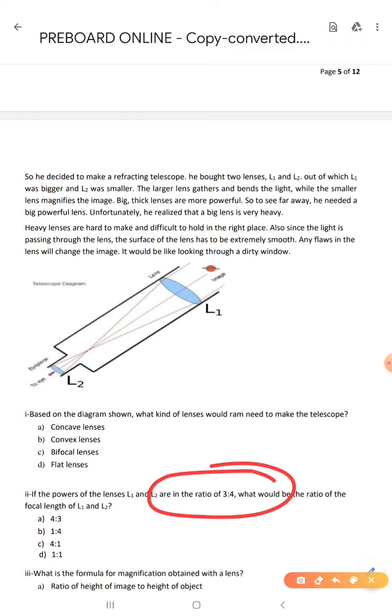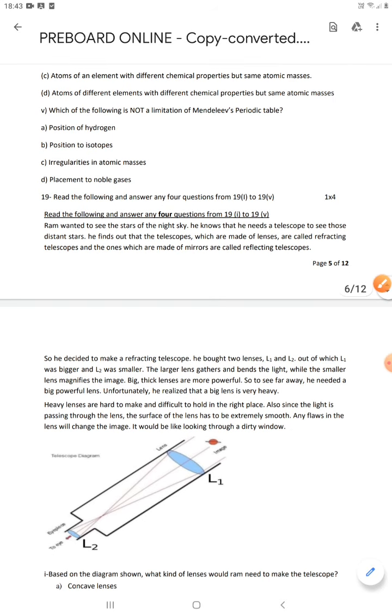In this case, based on the diagram, what kind of lenses would Ram need to make the telescope? Which kind of lenses is used in this telescope? You have to know this, because there are two kinds of lenses, convex and concave. But in this passage, if you have read it very nicely, then you got the point that this telescope makes images and magnifies images.